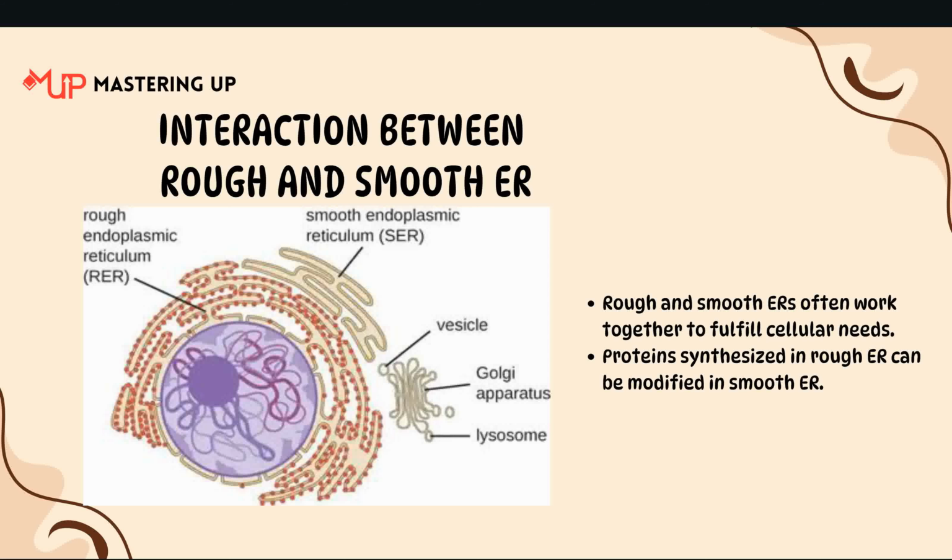Both rough and smooth endoplasmic reticulum are needed to maintain cell integrity and help the cell function and carry out cellular processes.